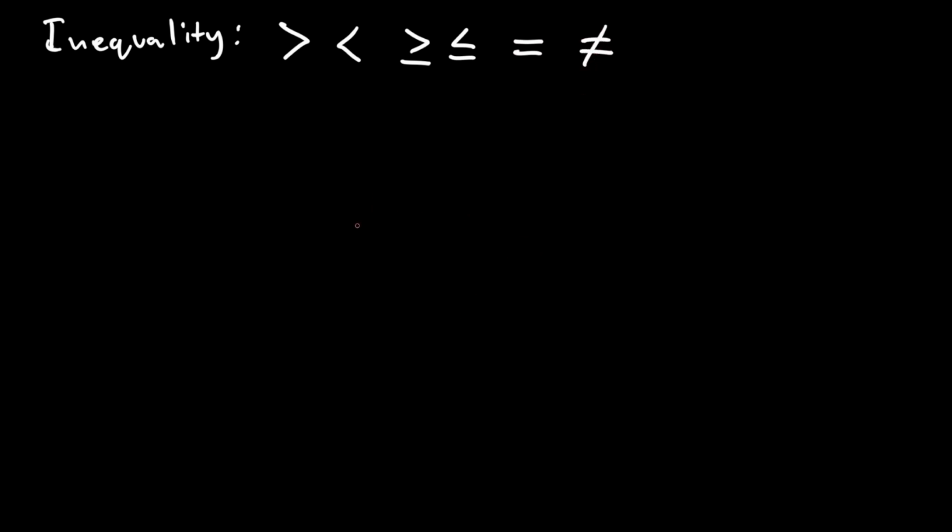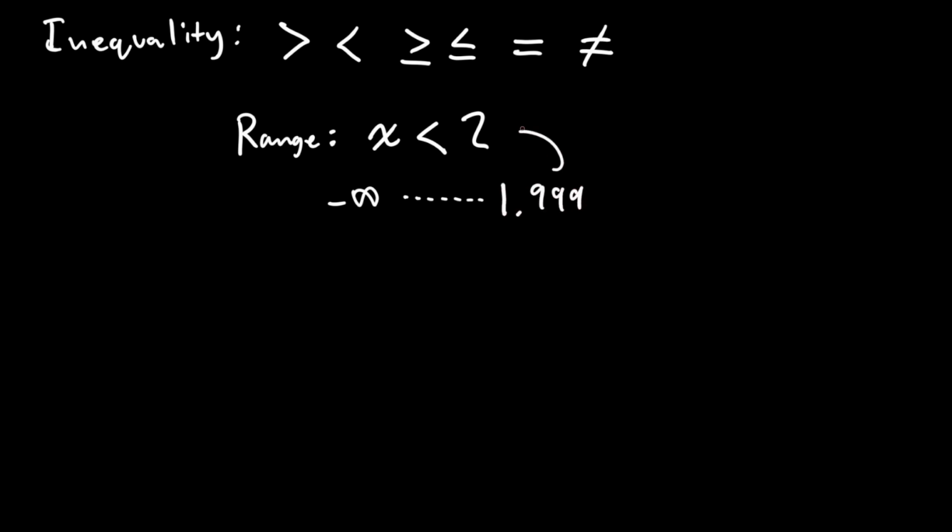For example, if the range of something was from negative infinity all the way up to 2, but not including 2, the x would have to be less than 2, since this includes everything from negative infinity all the way to, let's say, 1.999, but it doesn't include 2.